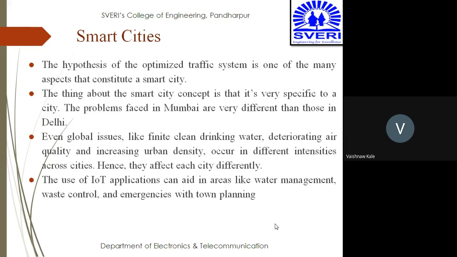Even global issues like finite clean drinking water, deteriorating air quality, and increasing urban density occur in different intensities across cities. Hence, they affect each city differently. Obviously, each city varies depending upon the density of the population also. There are some global issues which have to be controlled all over the cities, which include clean drinking water.